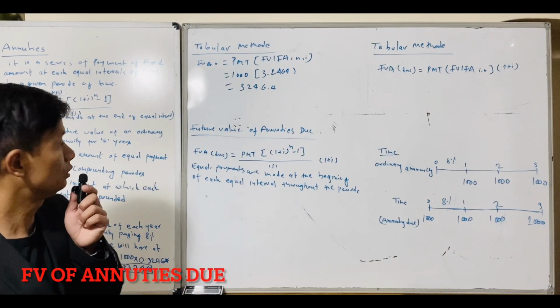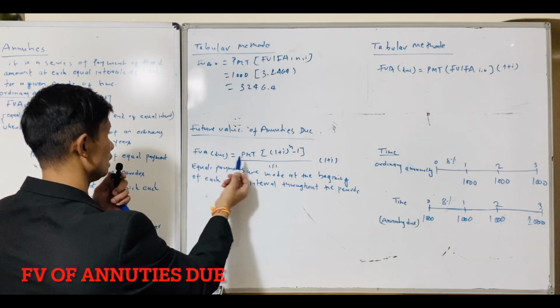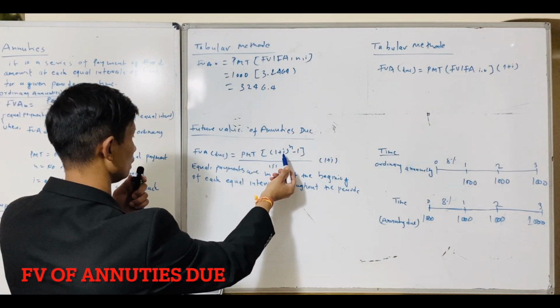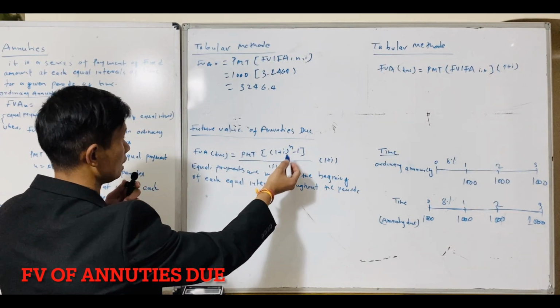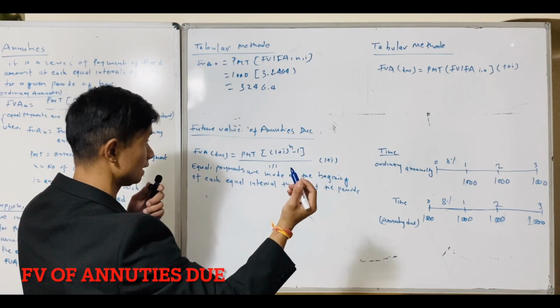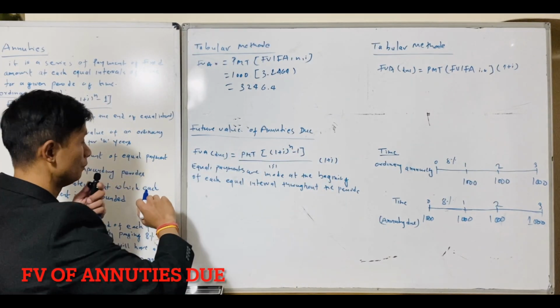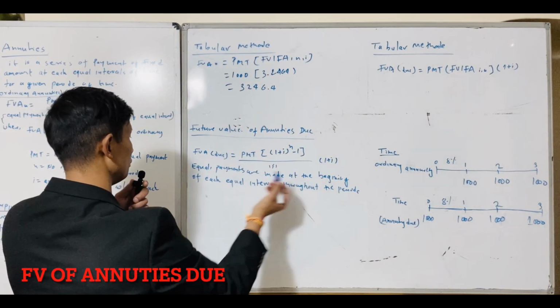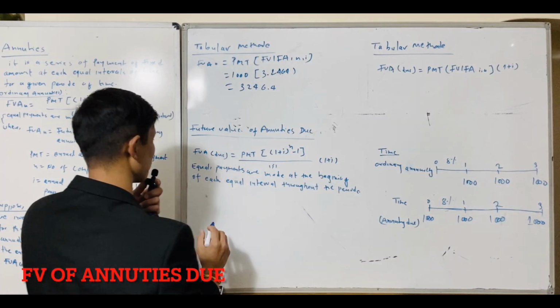Now let's have a look at the future value of annuity due. The formula is payment times (1 plus I) times ((1 plus I) to the power n minus 1) divided by I, and the only difference is that we get 1 plus I as the extra factor. So the equal payments are made at the beginning of each equal interval throughout the period.